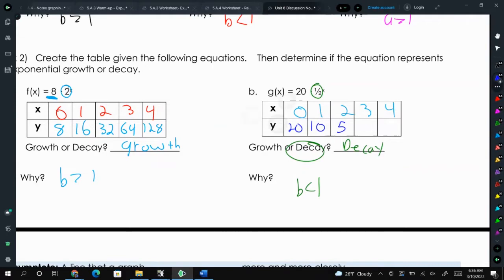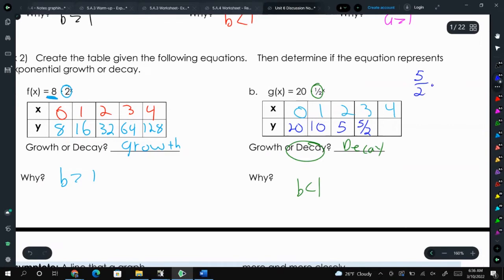So 5 divided by 2 is just 5 over 2. And then 5 over 2 divided by 2, again, can be written as times 1/2, would be 5 over 4. And that would be our table here.